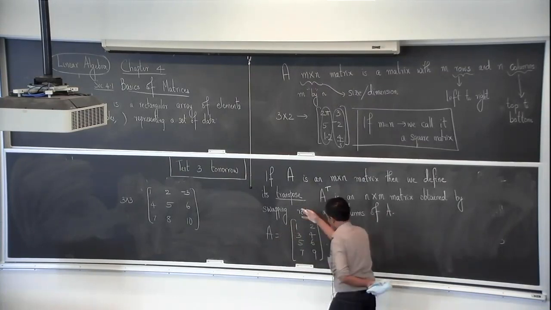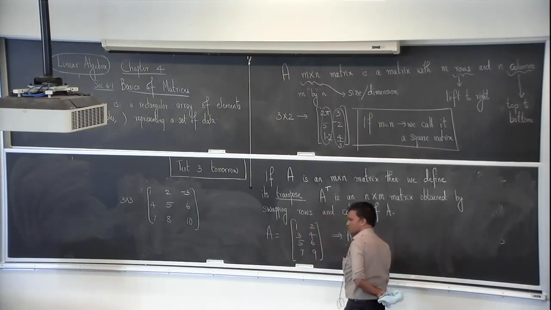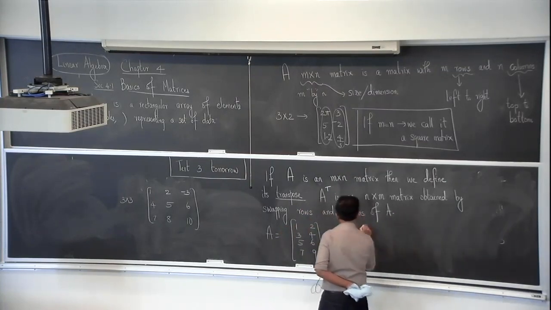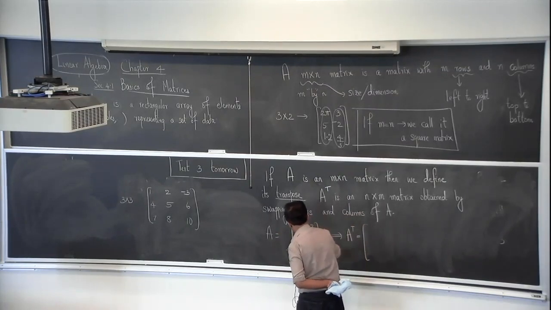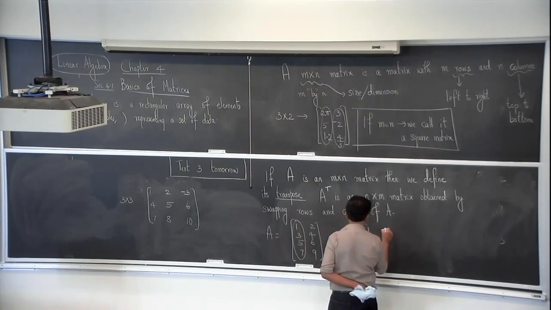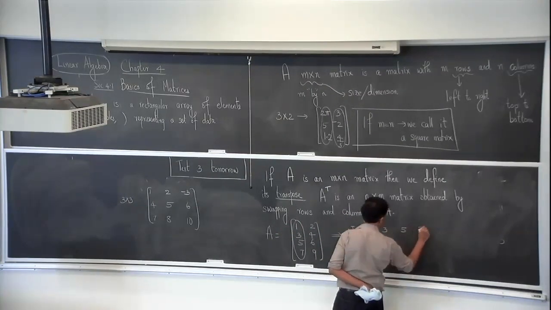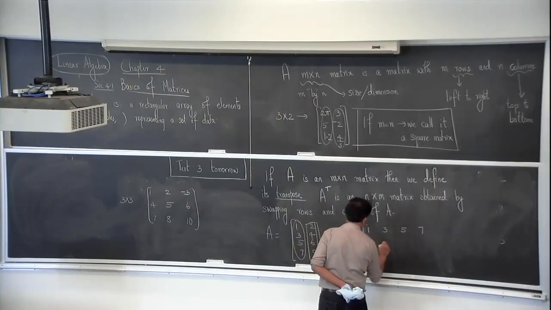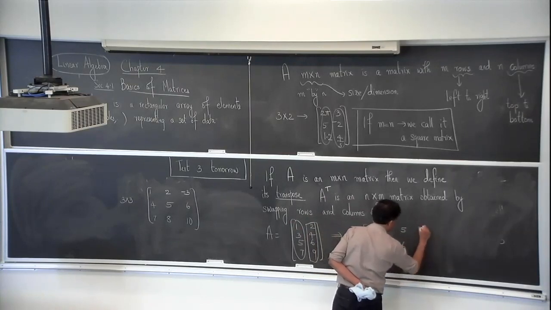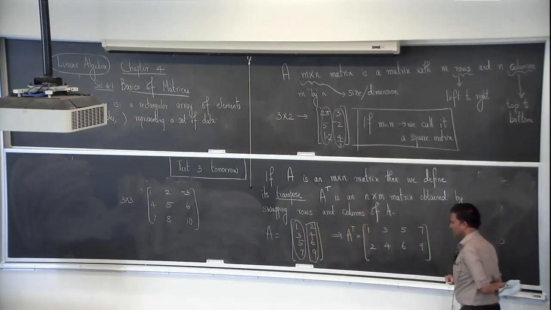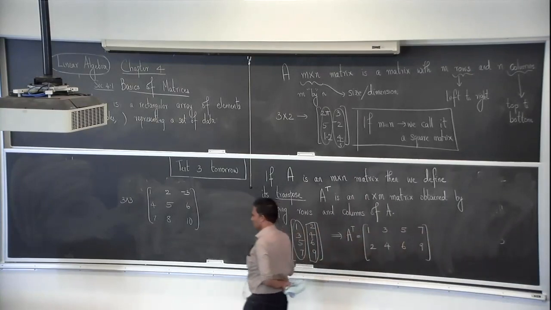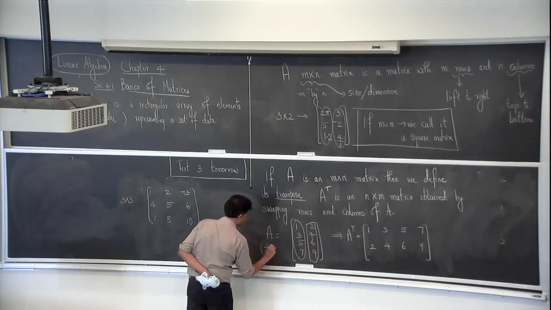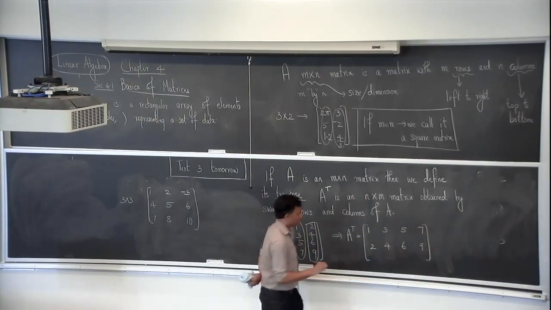The columns will become rows, the rows will become columns. So the first column would be the first row here, 1, 3, 5, 7. And the second column would be the second row here, 2, 4, 6, 9. So this is a 4 by 2 matrix. This is a 2 by 4 matrix.